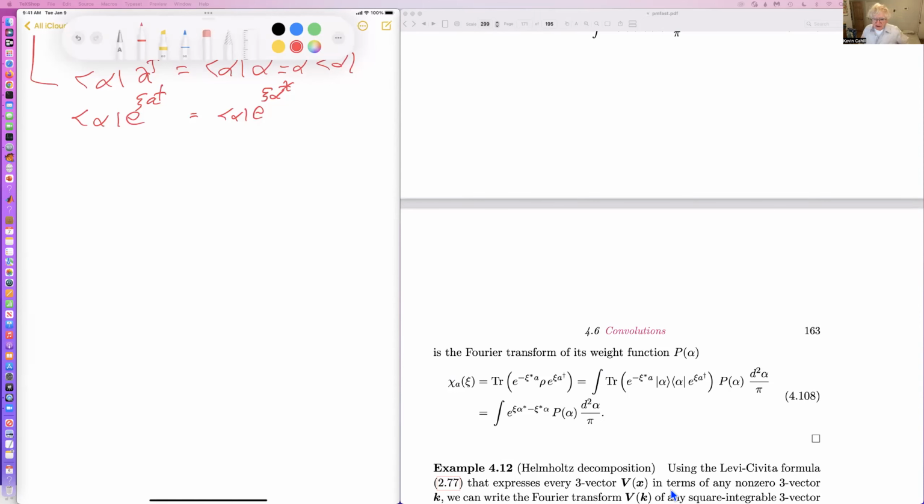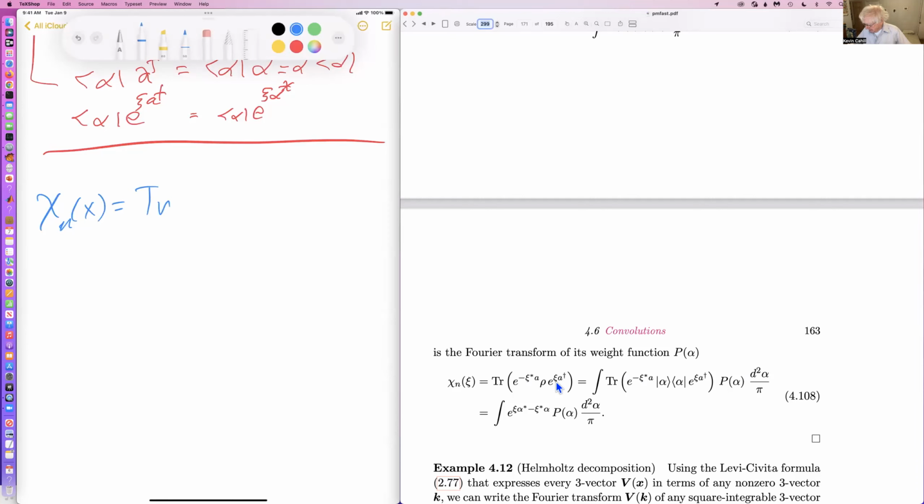So the normally ordered characteristic function is one in which the operators, remember the trace is cyclic. So what you actually have there, let me switch maybe to blue, is the normally ordered characteristic function is the trace, and if you want, you can write that as rho e to the c a dagger.